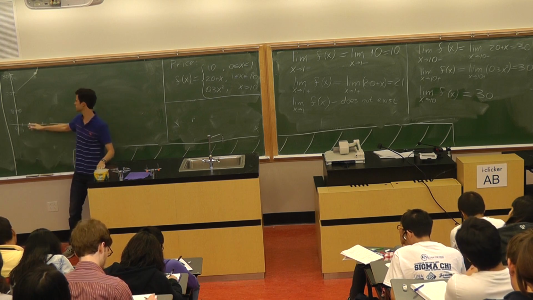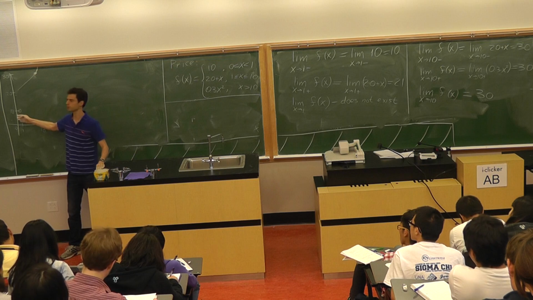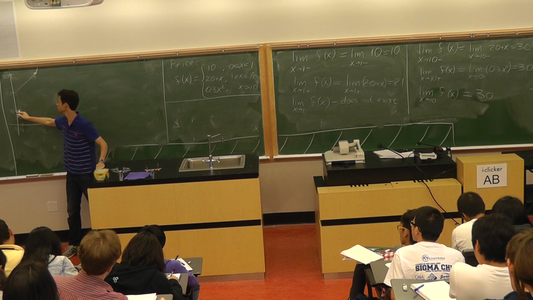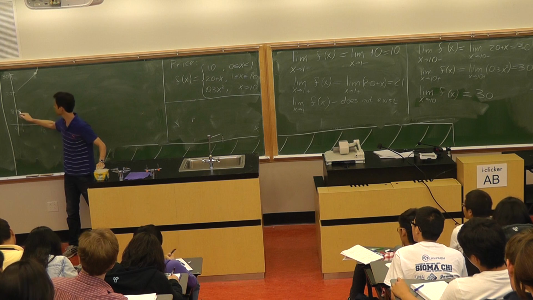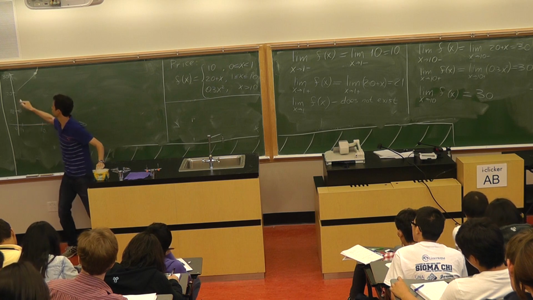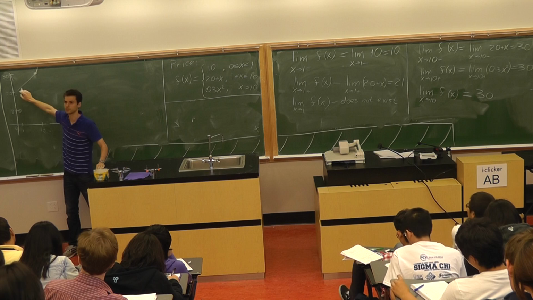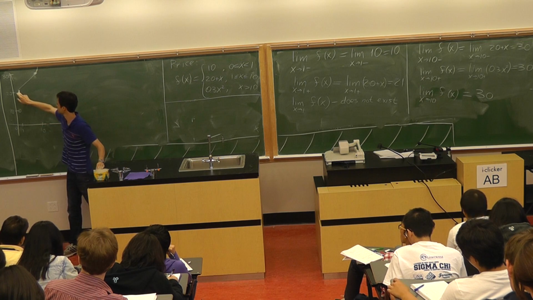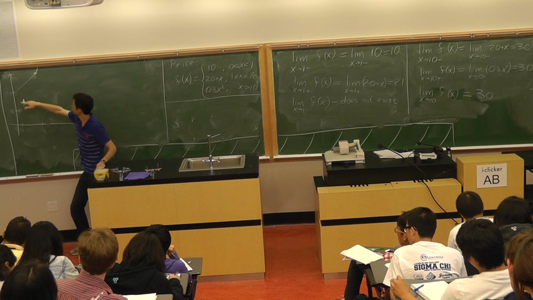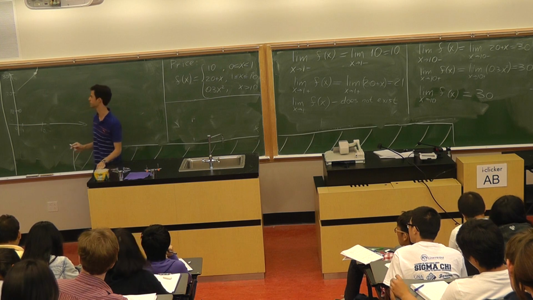The agreement is whenever you see an empty circle, it means that the obvious continuation here doesn't work. So at the point 1, it's not this line, but rather this line, which defines the value. So the value of the function at this point is 21, and that's how the graph looks.